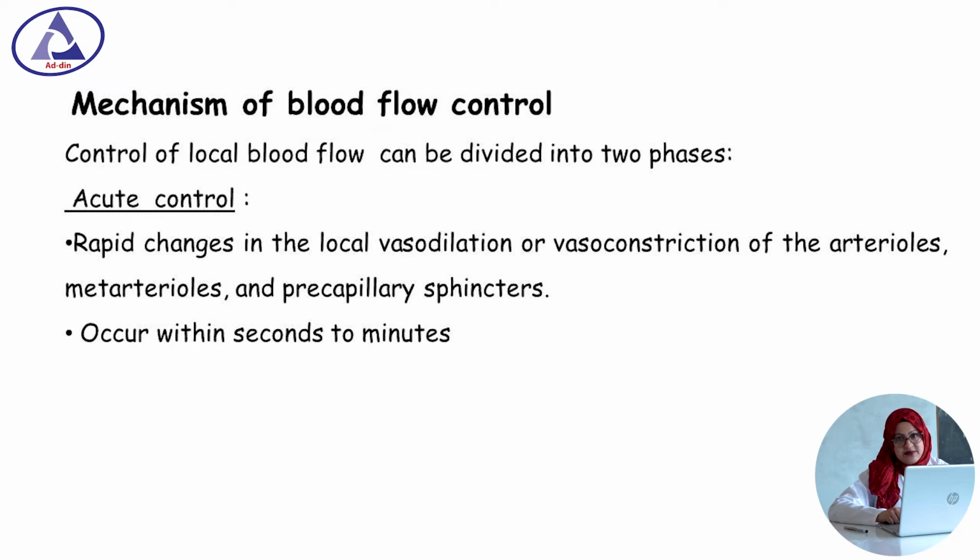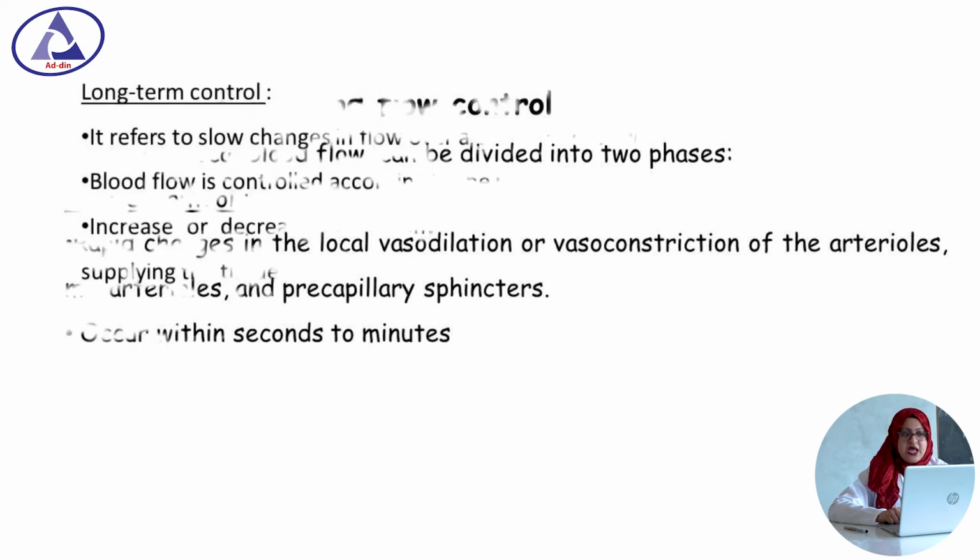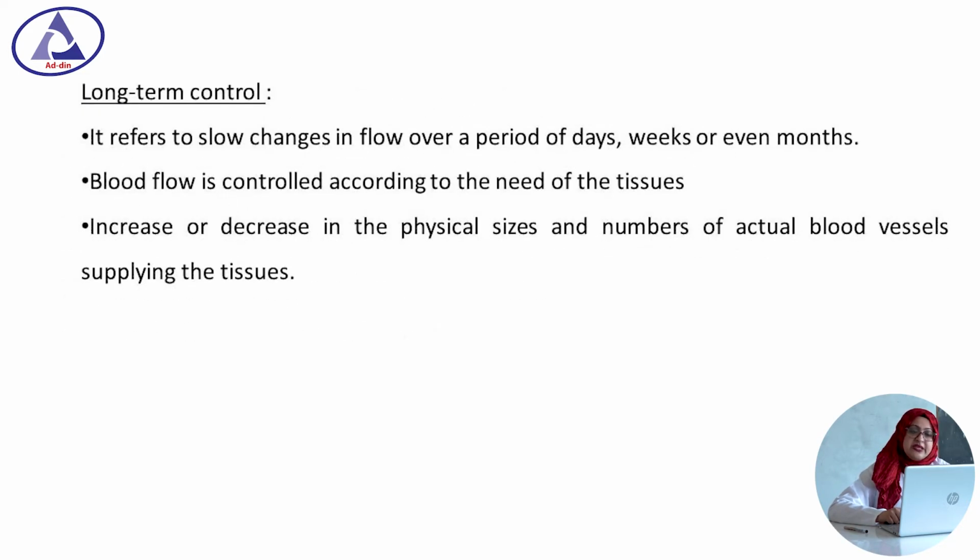It usually takes seconds to minutes. The long-term control mainly refers to slow changes in the flow which occur over a period of days, weeks or even months. The blood flow is mainly controlled according to the need of the tissues, by an increase or decrease in the physical size and number of actual blood vessels supplying the tissues.